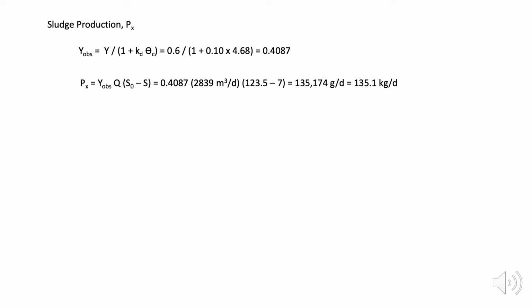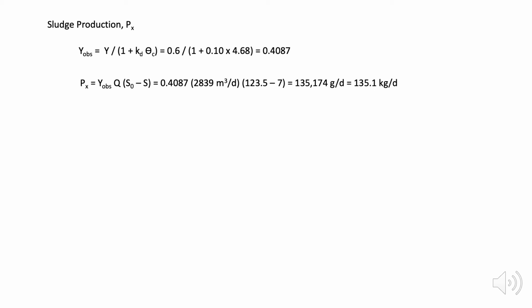Now, since that's how much is being produced every day, it's also the amount that I have to waste every day so that I remain at steady state. So the amount that I'm wasting every day needs to be 135.1 kilograms. But remember, when I waste, I'm not wasting 100% solids.